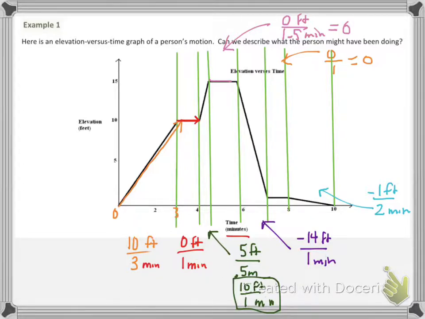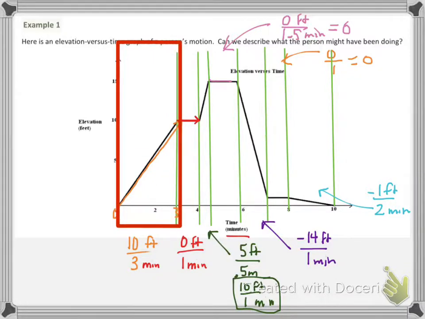Because if we look at this first time interval, a gain in elevation of 10 feet, but it takes 3 minutes to do that, well, that's not a ladder, unless you're moving extremely slow each step. That's probably not stairs, 10 to 15 stairs in 3 minutes. That's moving pretty slow as well.